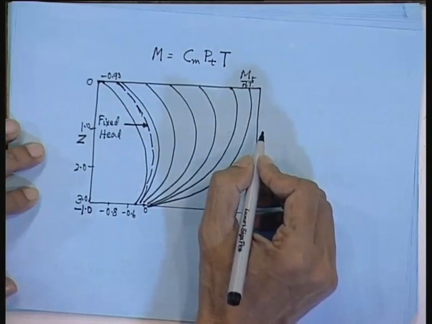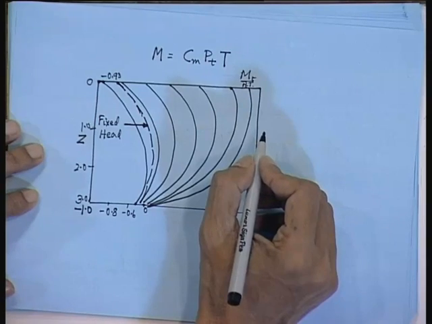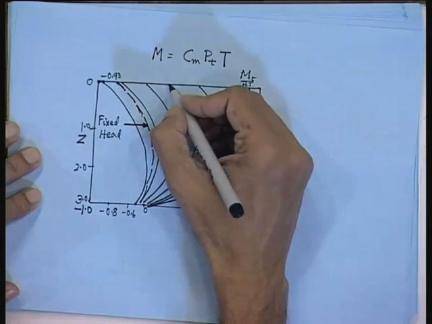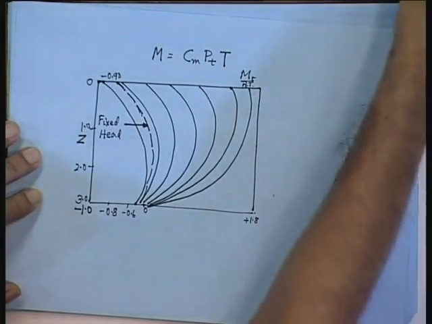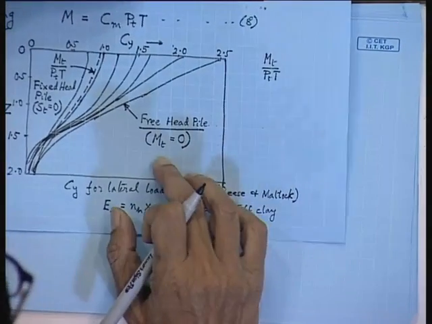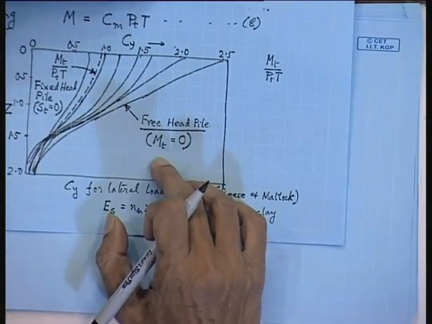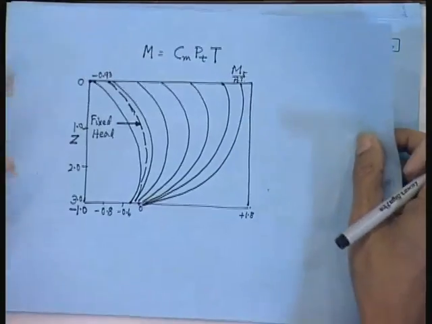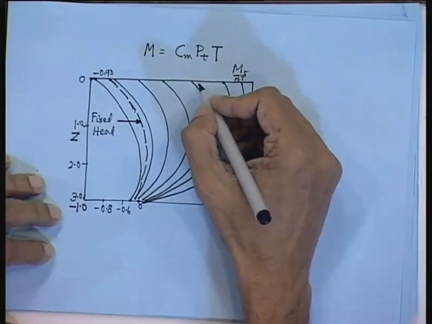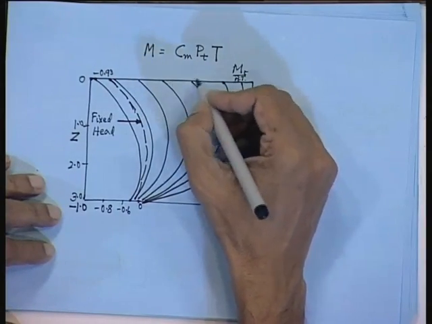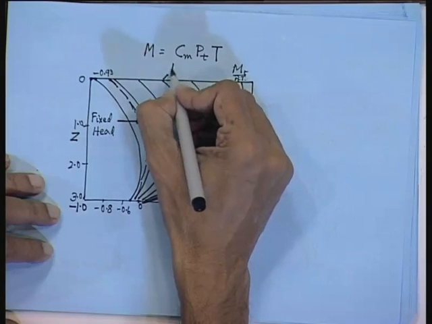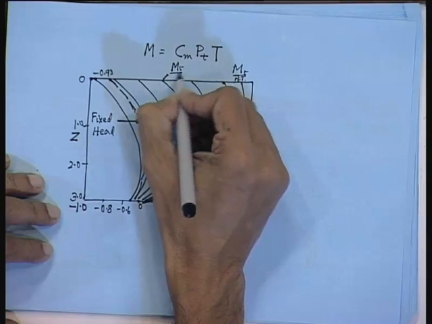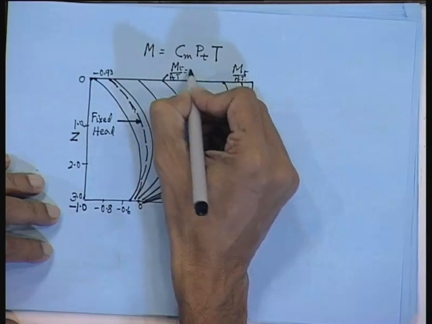And free head values you will get, free head will be coming to 0. In our case, what we have defined, the same thing I think we have given this as 0 also. The other set of curves that we have drawn, your free head is mt equal to 0. So, obviously, this is going to be 0, isn't it? So, free head is coming somewhere here. This is the value of, say, mt pt t equal to 0.